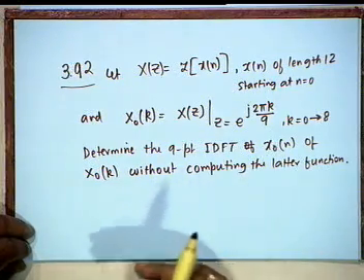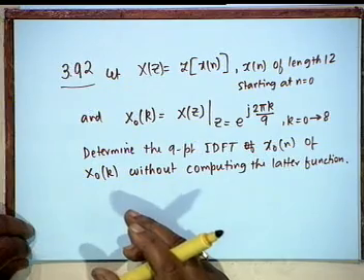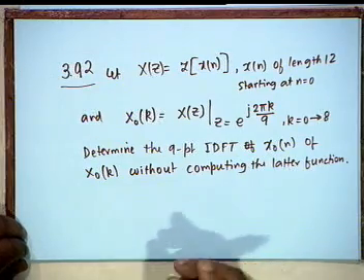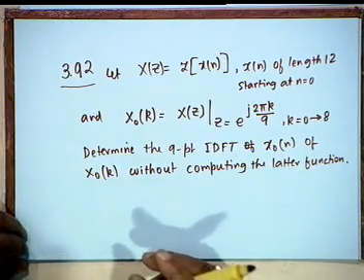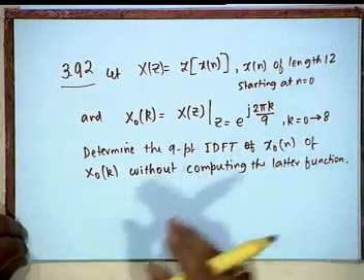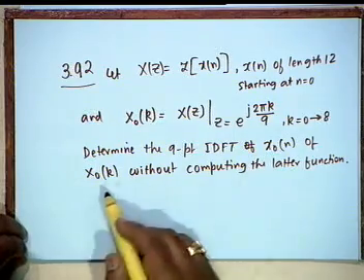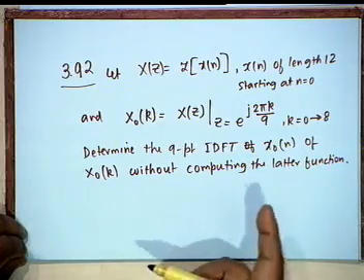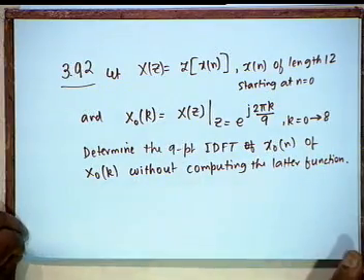You now have to invert the DFT. Naturally, you shall not get x(n), because this was 12 point and this is 9 point. So, you get a different x0(n), but you must do this without computing X0(k), which means that we have to appeal to the basics.